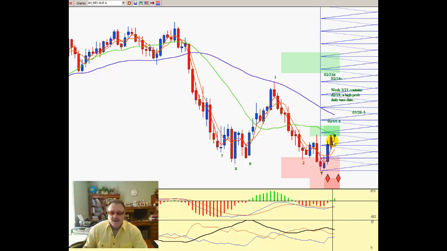And this price bar that you see right here represents week ending February 21st. That's this week. If you're not familiar with weekly charts, each price bar represents a whole trading week from Monday to Friday.